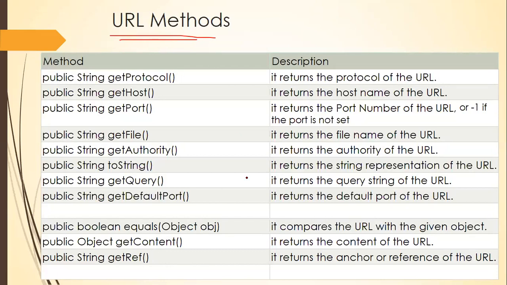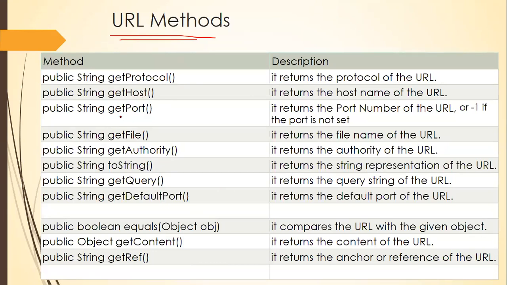You need not take down everything. I will share the PPT with you, and then we'll see a small program where we will use all these methods. Now just look at your screen. It's very simple. You have a method called getProtocol. One thing you need to notice is that everything is camel case. getProtocol will tell you whether it is HTTP or HTTPS or FTP and so on. Then you have getHost, which will give you the host name.